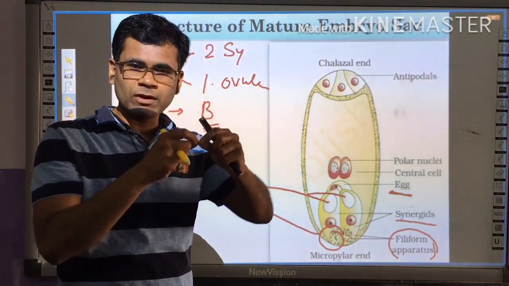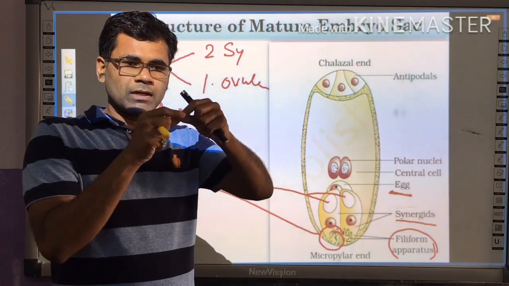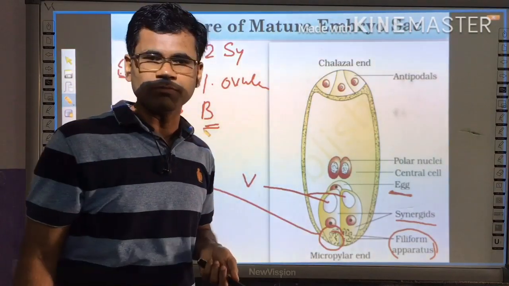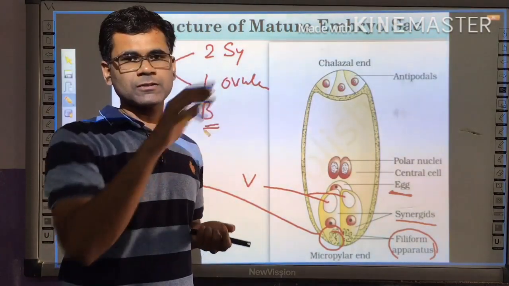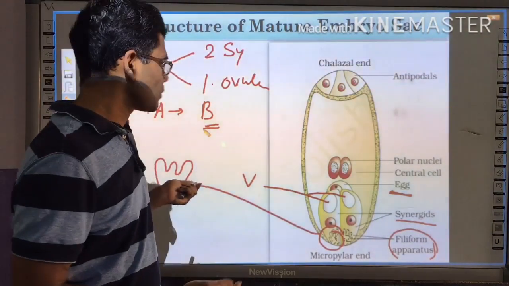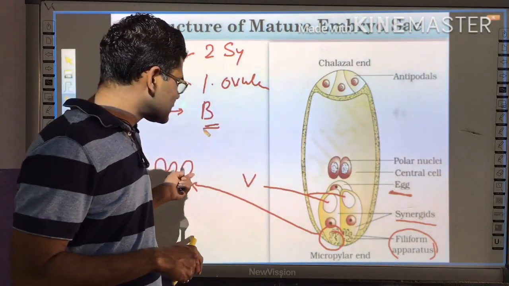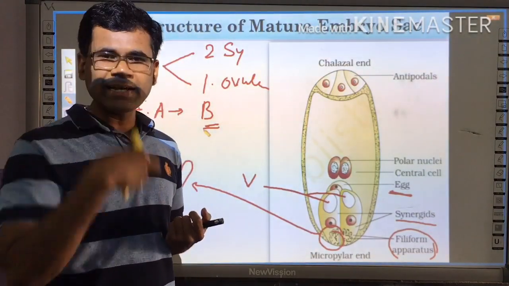It is responsible for extension of the pollen tube. So pollen tube formation is a type of chemotactic movement, that means it follows the concentration of chemicals. Which chemical? Boron.